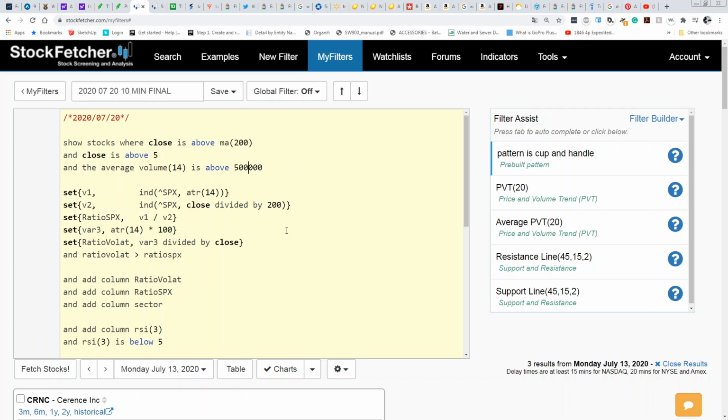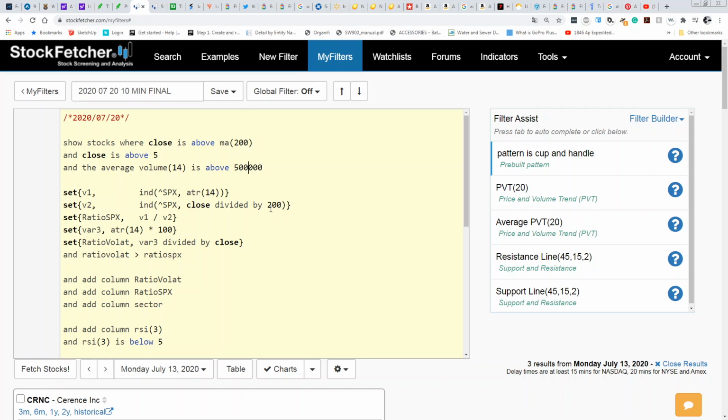So I call the ratio that. I divide by that and then you have to multiply times 2, because we want to have more volatility.